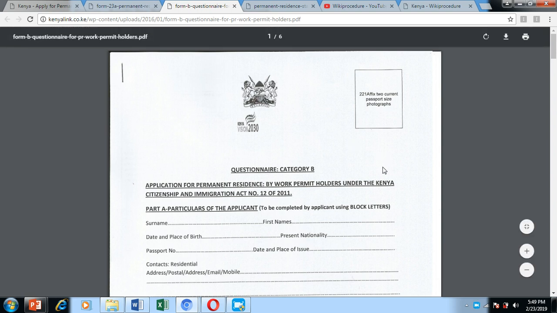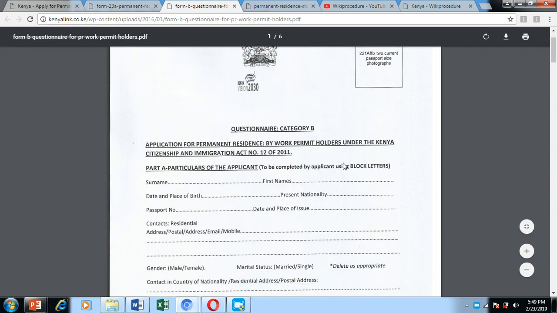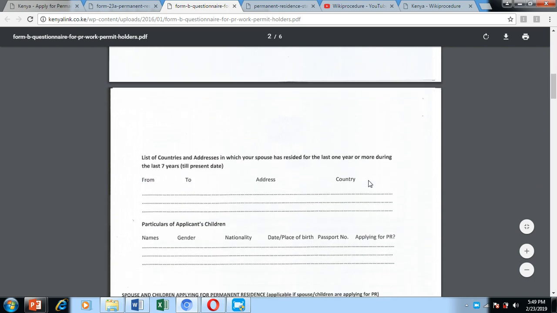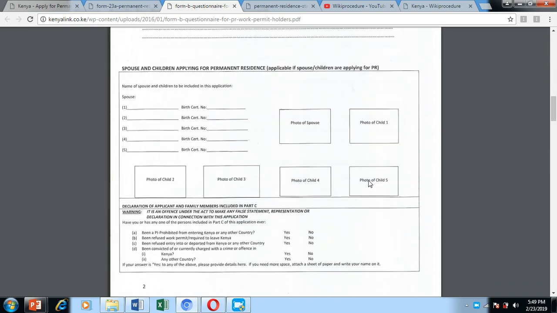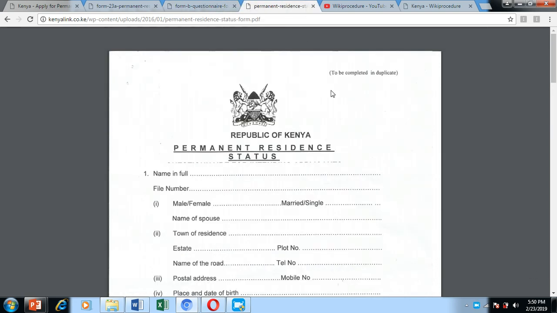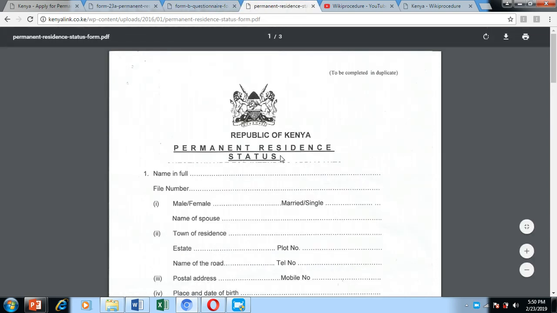Form B, this is for the work permit holders. You also just have to state your details, your nationality, your family's details, your children's, and you're also supposed to attach their photographs there. And here's the permanent residency status.